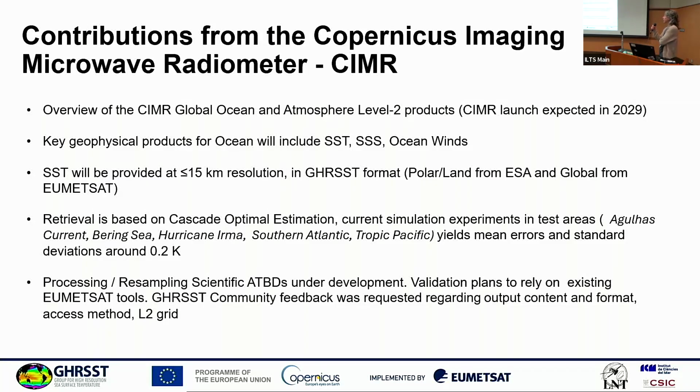And the scientific ATBDs for processing and resampling are currently under development. The validation plans to rely on the existing EUMETSAT tools, and the presenter has requested GRIST feedback regarding the output content and format, the access method, the grid, etc.